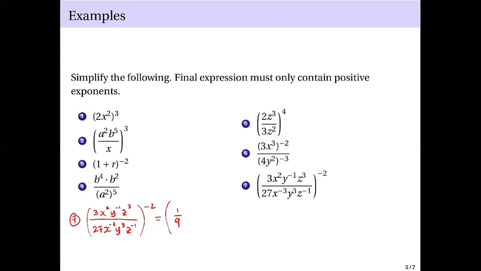So, for example, you have x squared in here. It has positive exponent. And then this guy here, x raised to negative 3 from the denominator, you can bring it up to the numerator. So if you bring that up, the minus 3 becomes plus 3. Correct? So this is x raised to power 3.